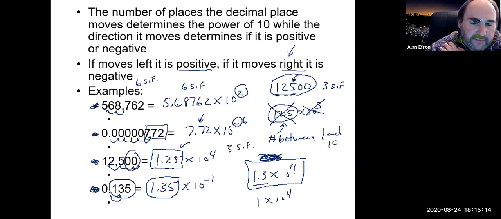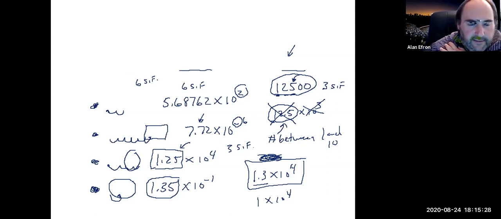And again, sometimes there may be only one way to do that when you want to write an answer in scientific notation. So for example, say we had actually 12,000, I think is what I'm trying to think about, and we want 3 significant figures. So if we want to write 12,000 with 3 significant figures, there's really no way to do it correctly in decimal form.